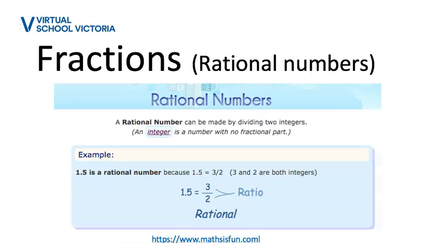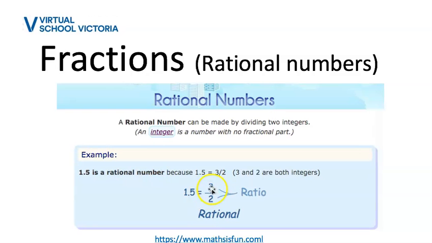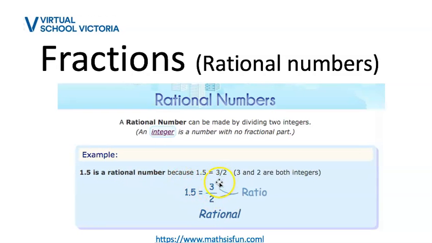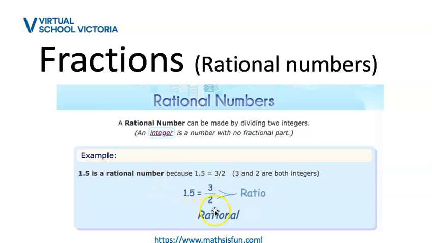And of course, when you don't have whole numbers, you have rational numbers or fractions. So it's a ratio. So 1.5 is a rational number because for every 3 we have 2, and that would be left over. 1.5.